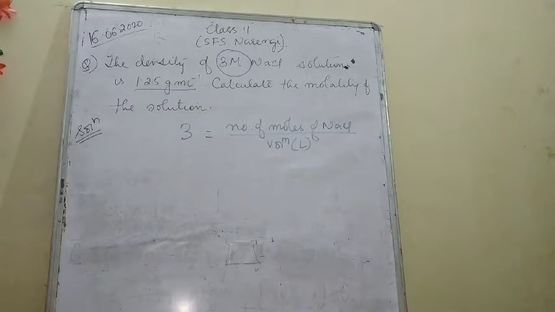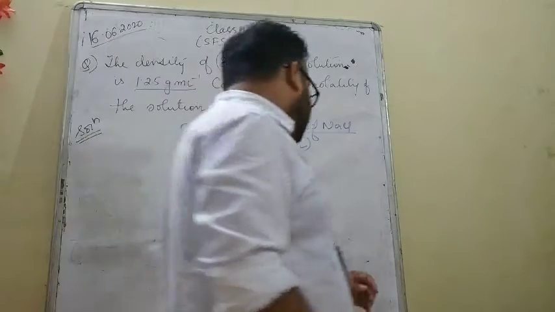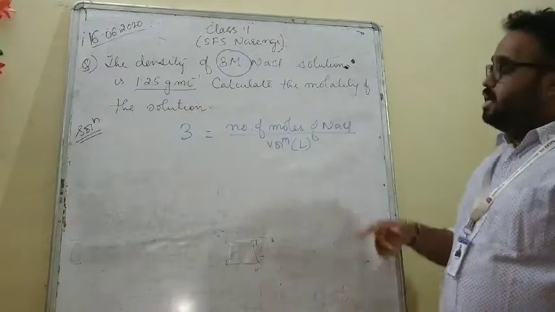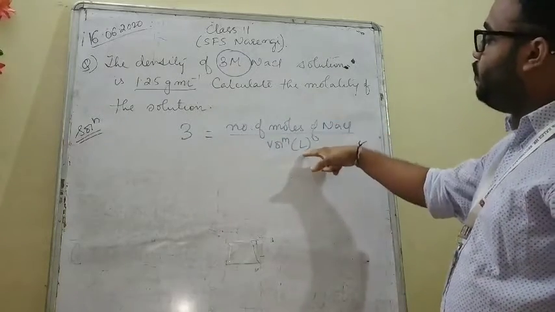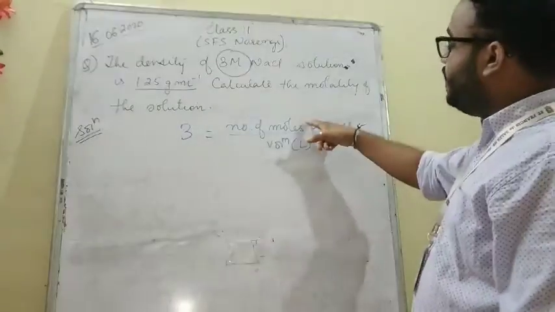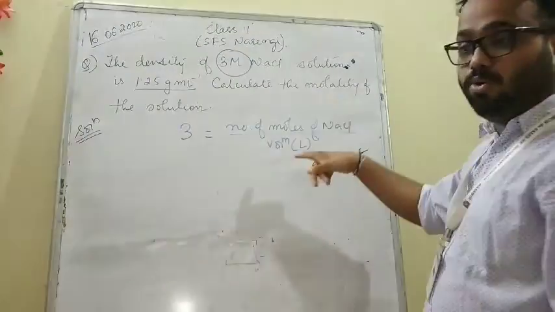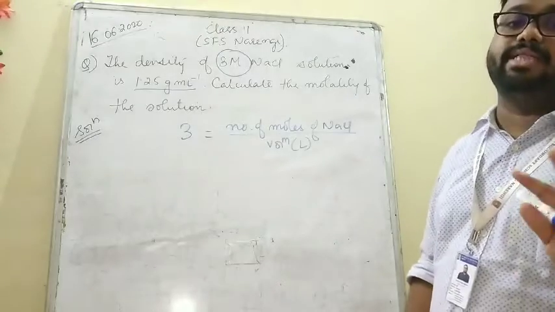So now molarity is given to you. Now this ratio is 3. This ratio can be 60 by 20, 90 by 30, 9 by 3. Any value can be 3. So I will take the standard.